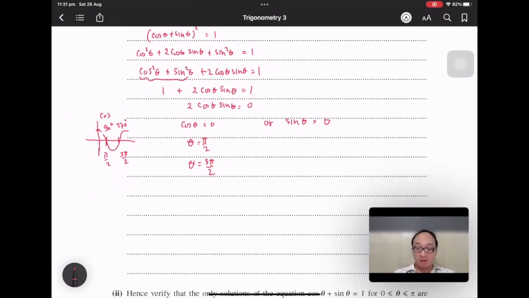And then for sine, it starts from 0, so it is 0 at pi, 180 degrees, and 2 pi. So sin theta equals 0 when theta is 0, pi, and 2 pi.